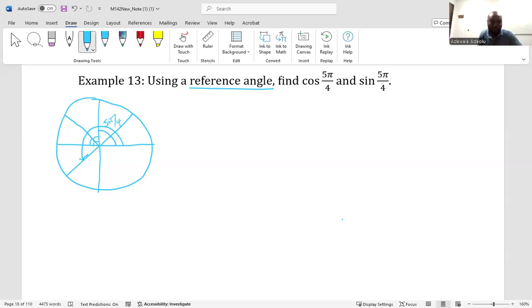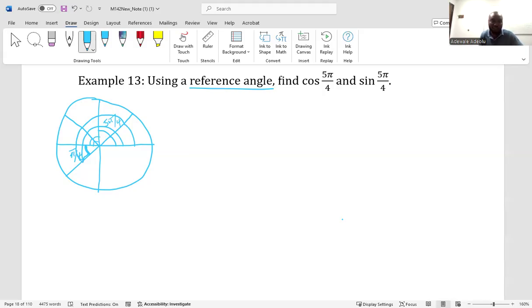What is the reference angle? It turns out that the reference angle itself is pi over 4. How do I know? The angle between this terminal side and the horizontal axis is pi over 4. If that is not clear enough, remember from here to here is pi over 4, here to here is pi over 4, here to here is pi over 4, here to here is pi over 4, here to here is pi over 4.